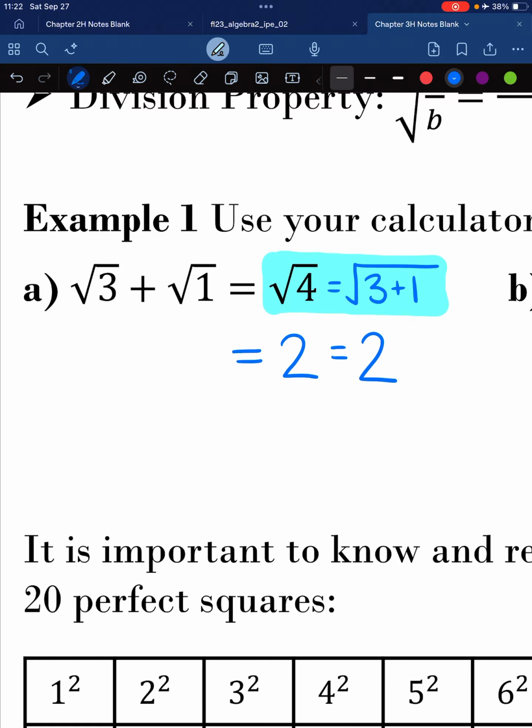But what happens when I try and split them up? If you type this left side into your calculator, the square root of 3 separate from plus the square root of 1, you end up with 2.732 blah, blah, blah, an irrational number, which obviously is not equal exactly to 2. So we can see that this property is definitely false. It does not work with addition.